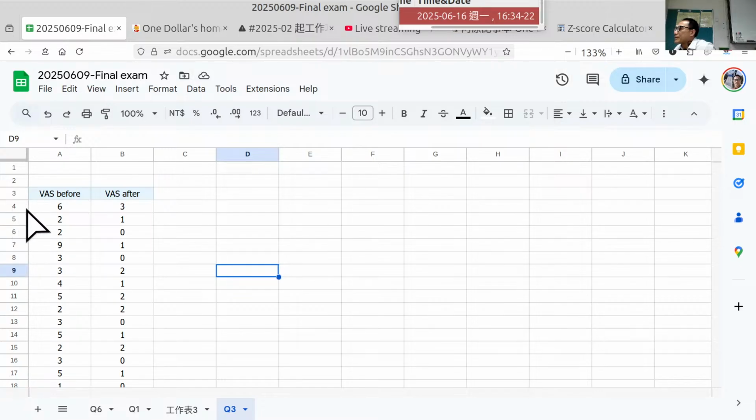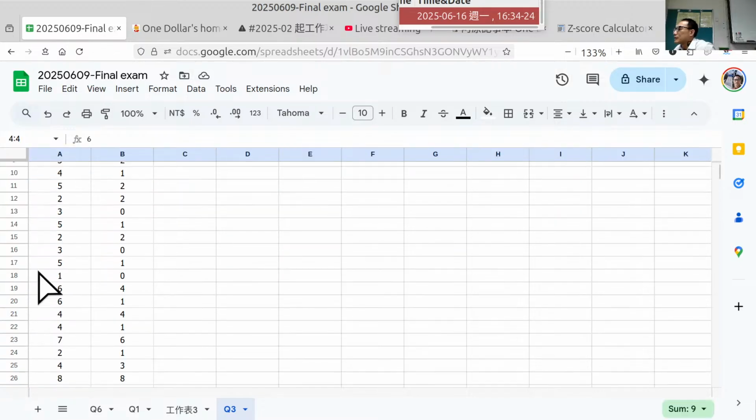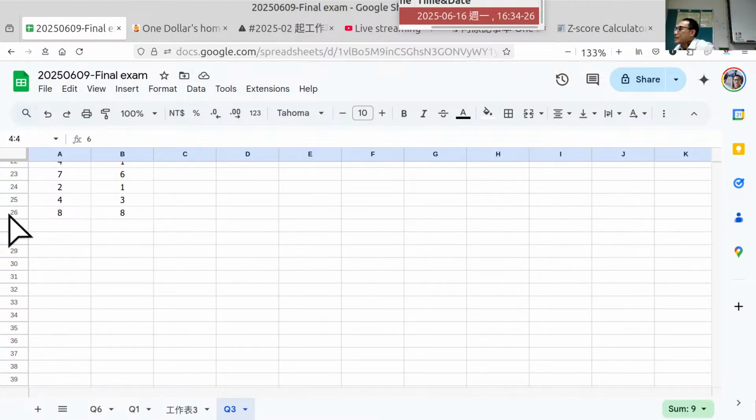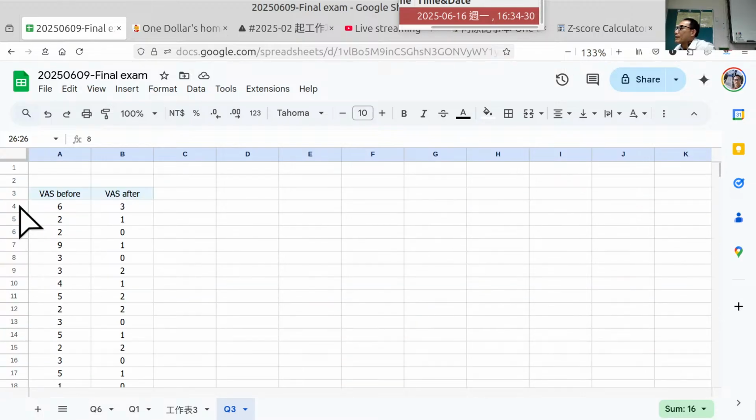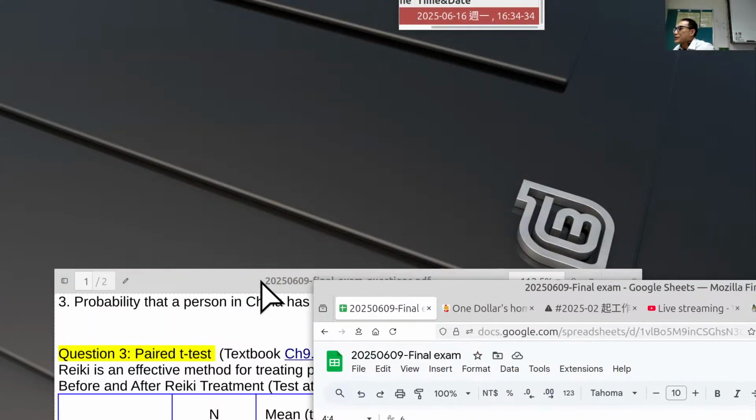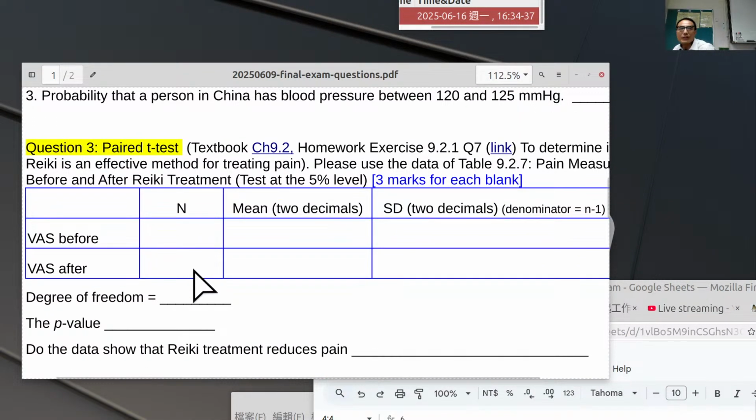The first is 7, here is 4, 26 minus 4 is 22, plus 1, 23. Thus, the answer here is 23. Okay, how about the mean?